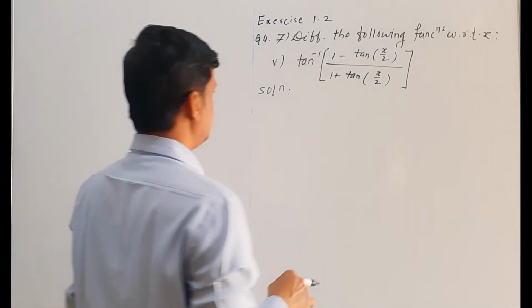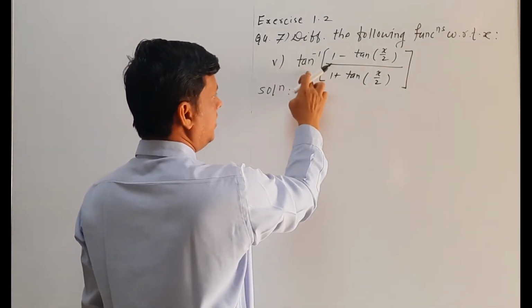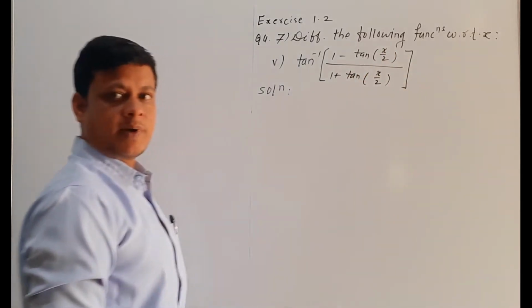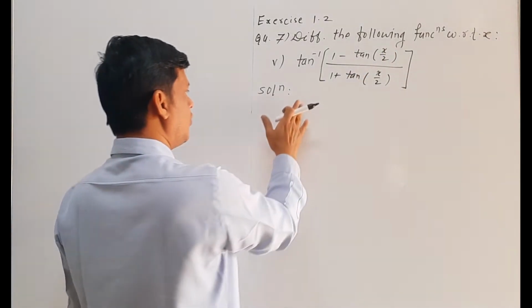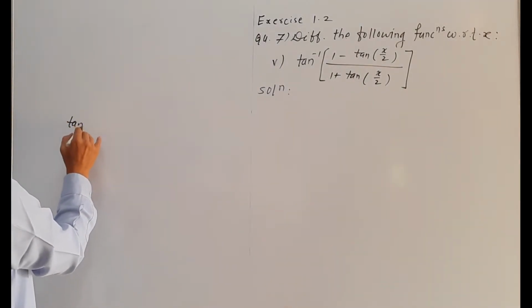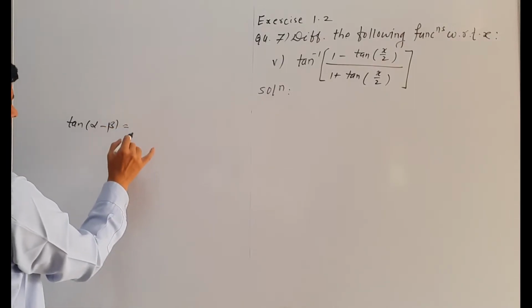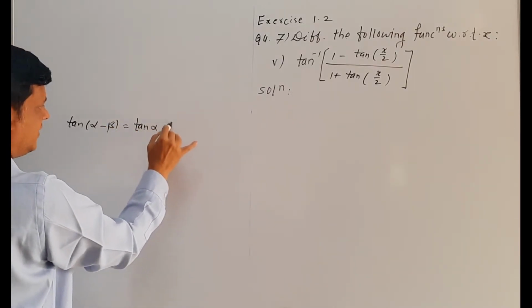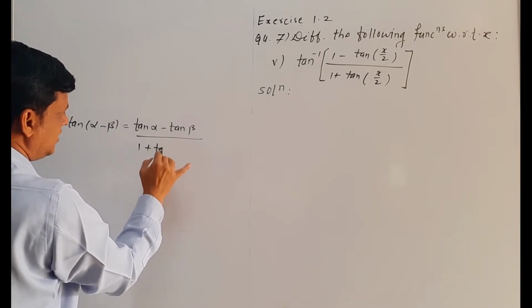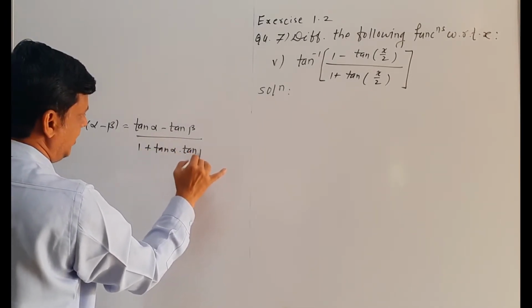Now see the next example. Tan inverse of (1 minus tan x by 2) upon (1 plus tan x by 2). So we have to apply one formula here. Tan of (alpha minus beta) is equal to (tan alpha minus tan beta) upon (1 plus tan alpha into tan beta).